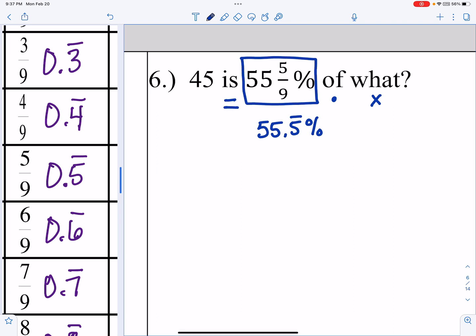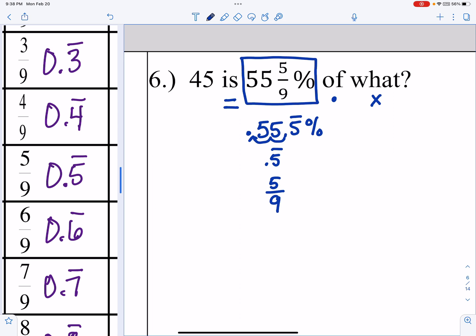Always remember, if you haven't moved the decimal, you're still in that percent form. So let's move the decimal now, 1, 2 to the left, and we have 0.5 repeating. Well, do you remember what 0.5 repeating is? 0.5 repeating was 5/9. So really, we have 0.5 repeating, but this as a fraction, because we can't work with a repeating decimal, is 5/9.